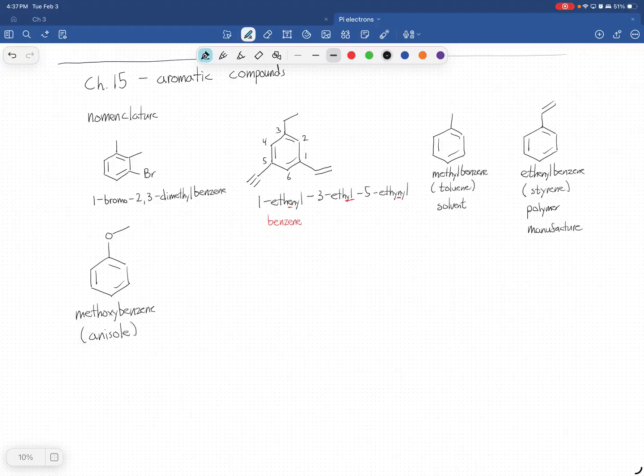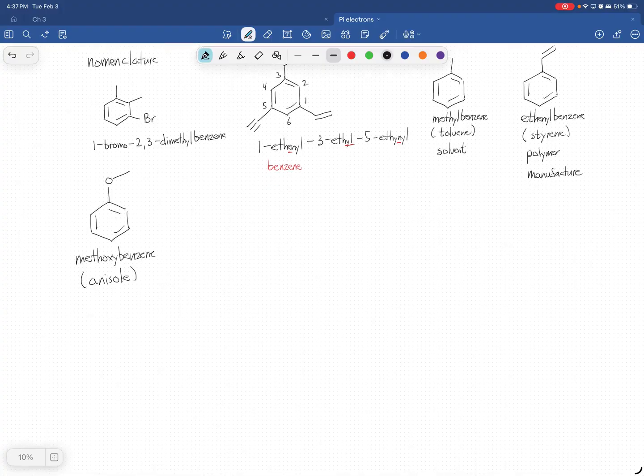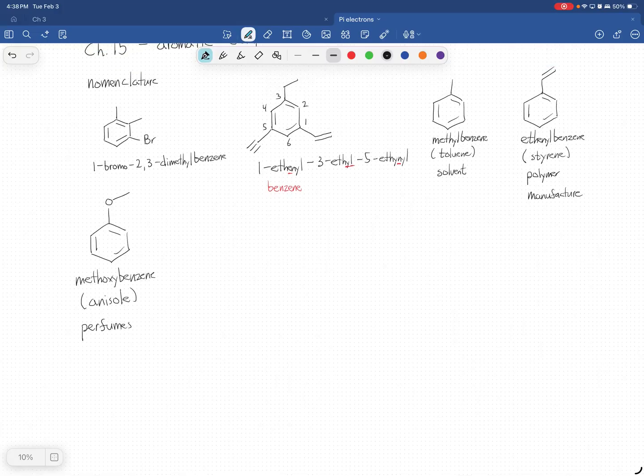Be familiar with the common name, that's kind of how we'll relate to it. What is anisole used for? This compound in particular, when it reacts, is used to form perfumes. Some of your perfumes may have this compound in it as a scent.